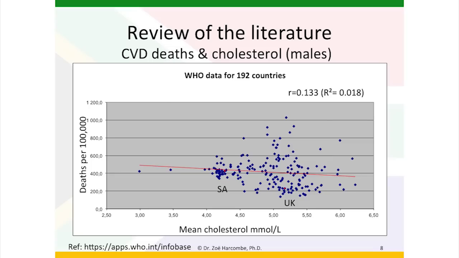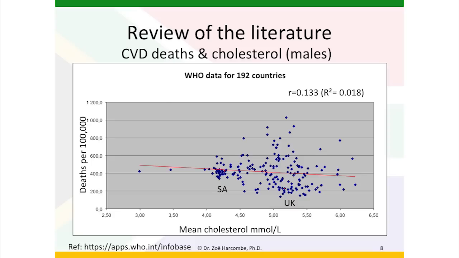And this is what I found. This is looking at cardiovascular disease deaths and blood cholesterol levels in males in all 192 countries for which the World Health Organization has data. And as you can see from this graph, there is a very slight downwards trend showing that the higher one's cholesterol level, the lower the number of deaths per 100,000 citizens, and conversely, the lower one's cholesterol level, the higher the incidence of cardiovascular disease deaths in males.